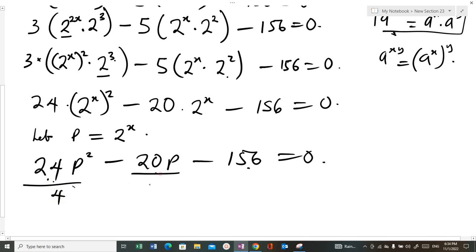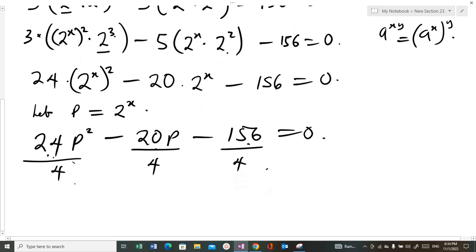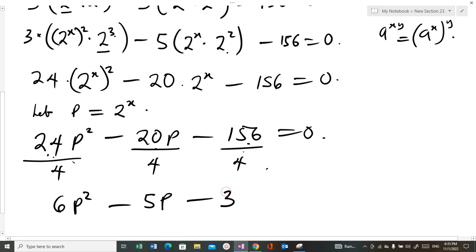Divide all through by 4. Now we have 4 into 24, you have 6p squared minus 5p minus, 4 into 156, you have 39.